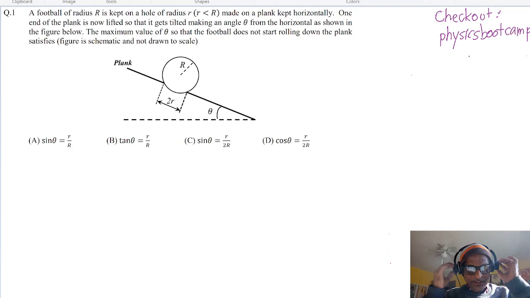Now this series will come from the 2020 IIT JEE exam, and this is the first paper.